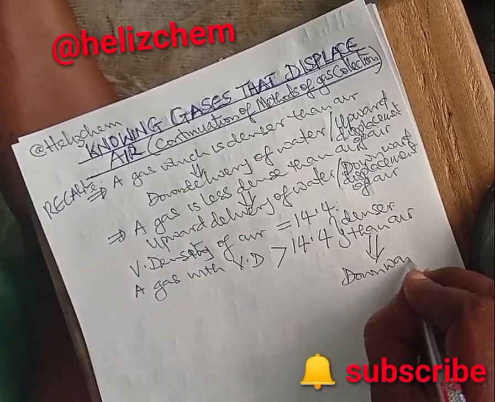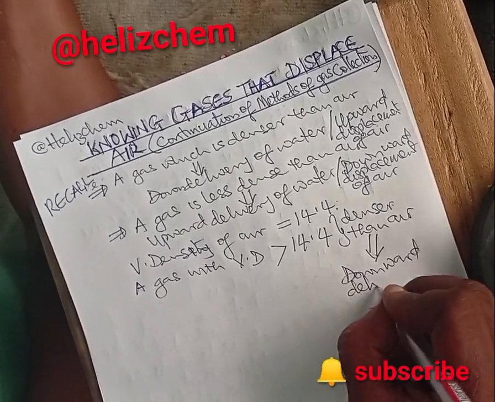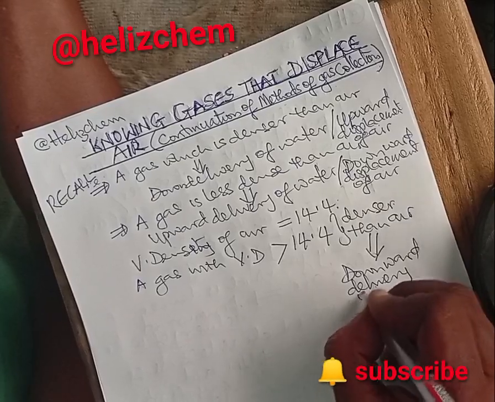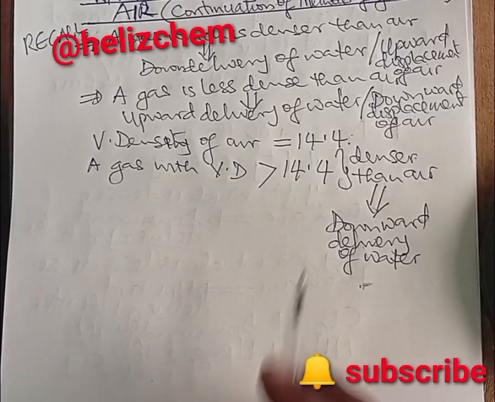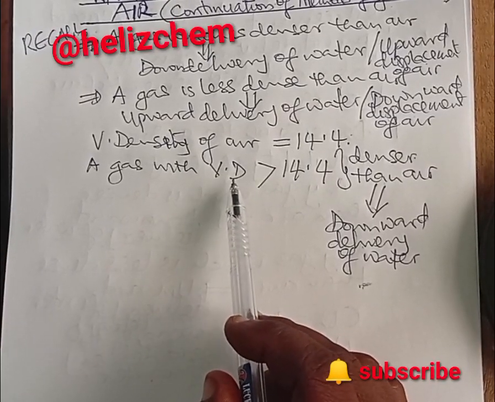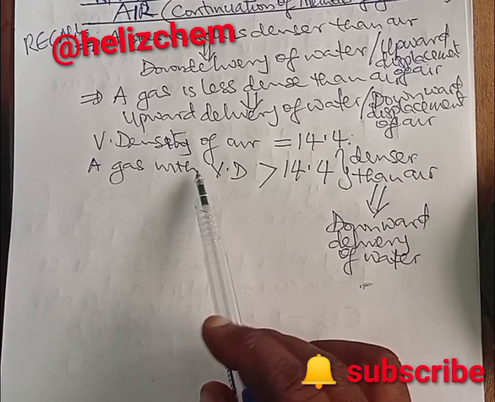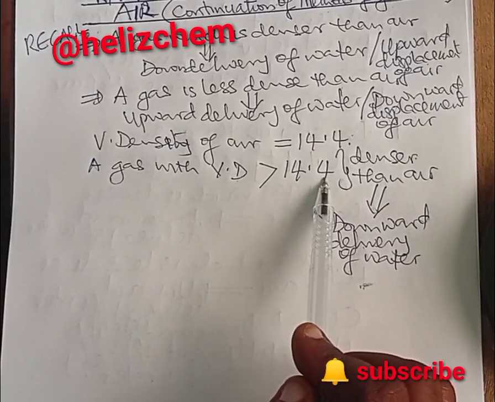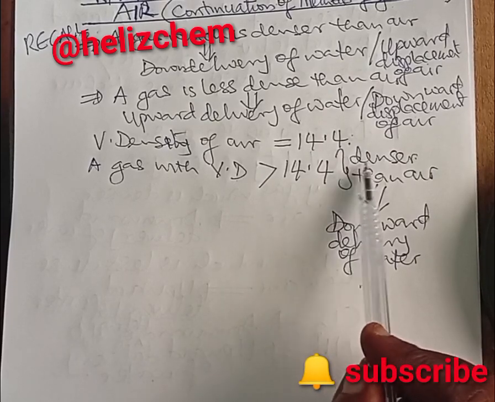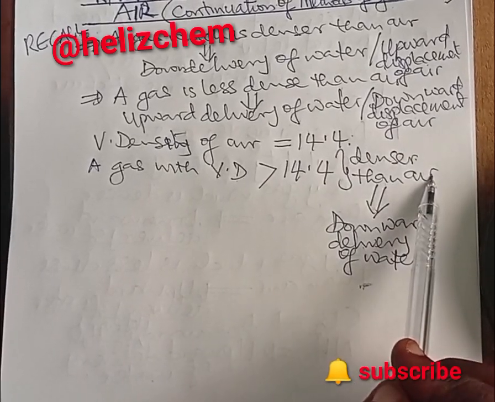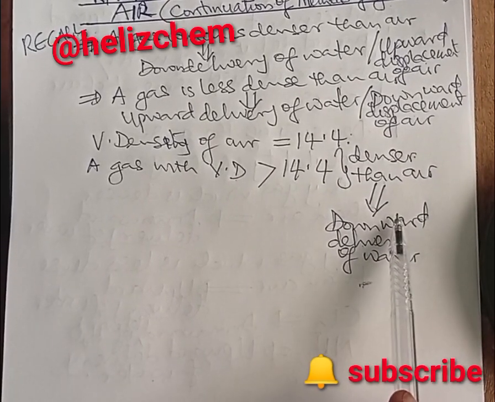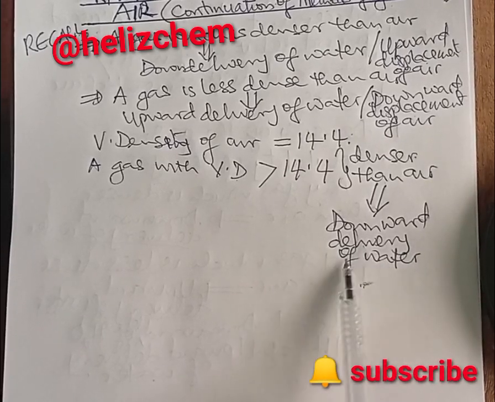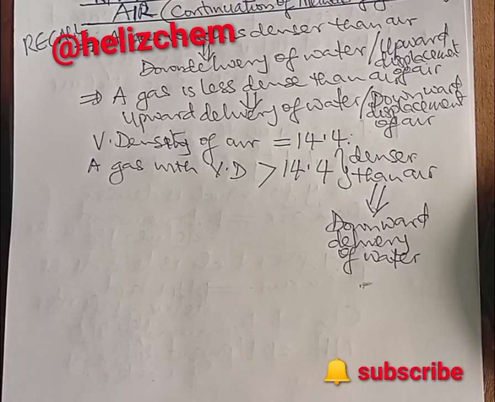Downward delivery of water to collect such a gas. What am I saying? I said if you have a gas with vapor density which is greater than 14.4, that means such a gas is denser than air, and the best method to use is downward delivery of water.